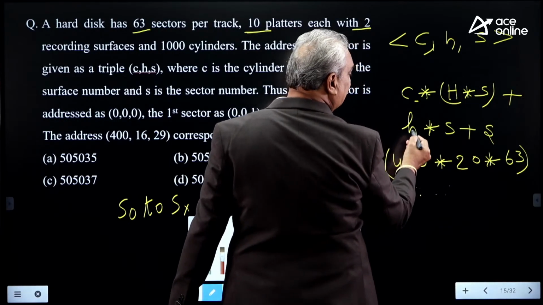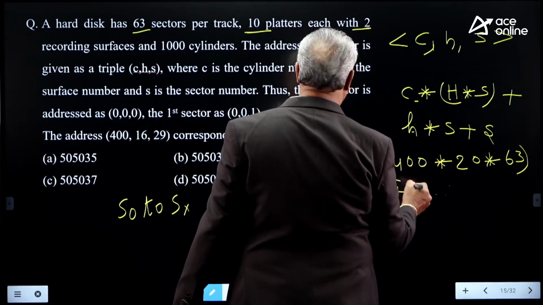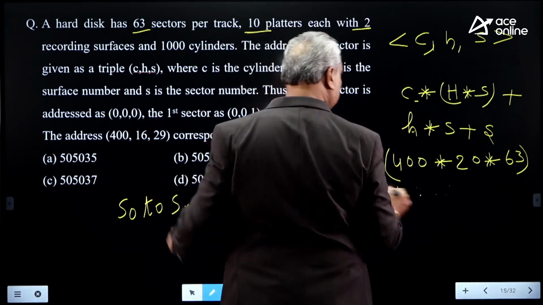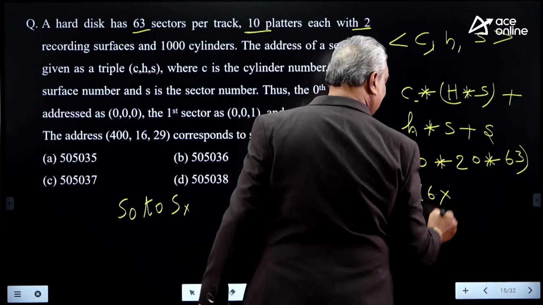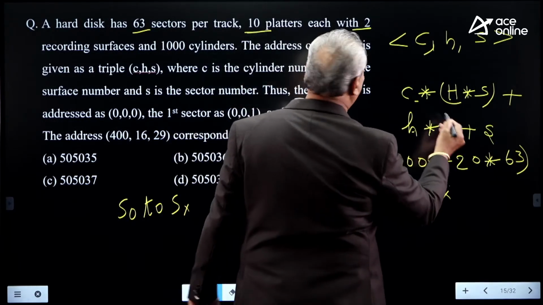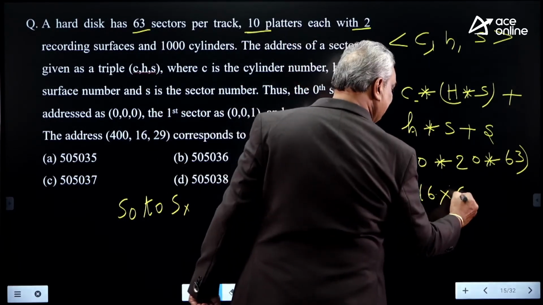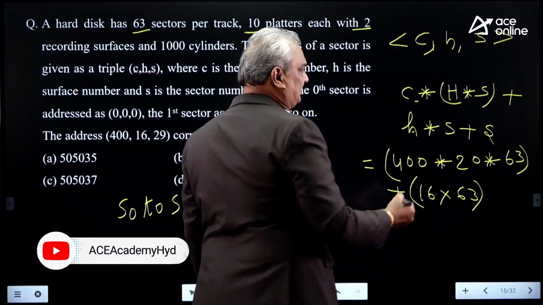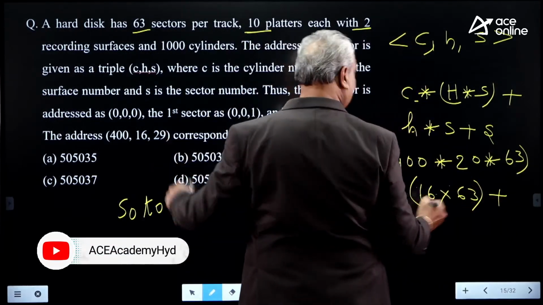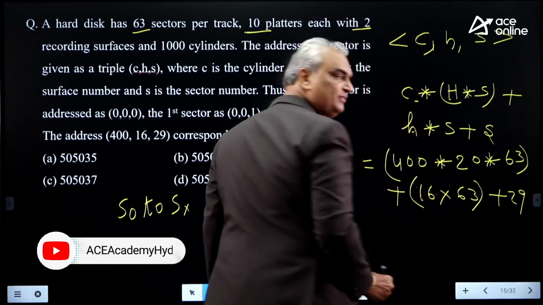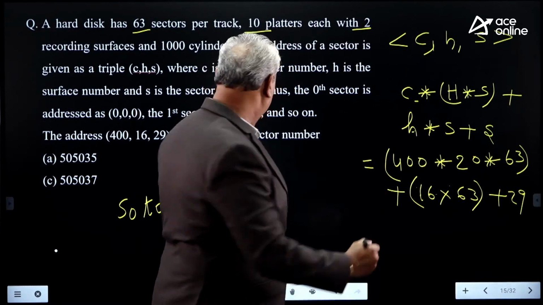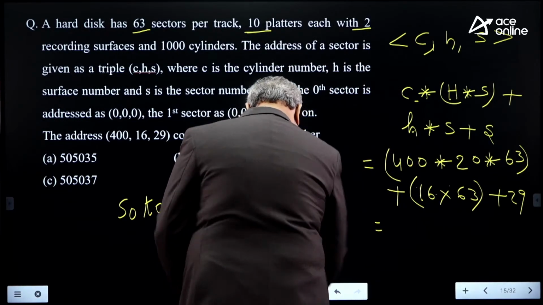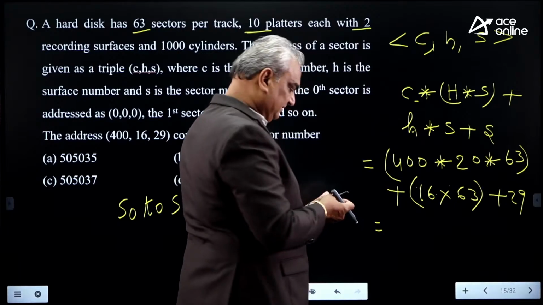What about the next one? H into S. What is H here? Given H value is 16 into, what about S? Number of sectors, how many is 63? Plus the given sector number, which is 29. If you compute this one, what about our answer? Answer is like this. Let me check once.